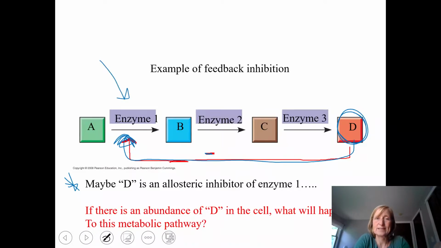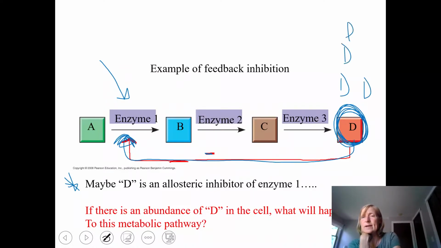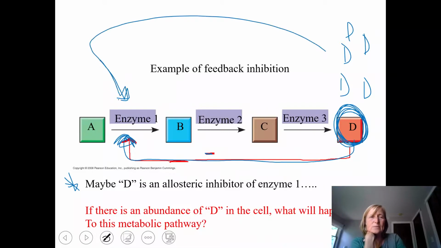Enzyme 1 is going to be inhibited. Okay, so in this particular reaction, let's say there's a lot of D. There's just an abundance of D around. What's going to happen to this metabolic pathway? Well, D is going to feed back on enzyme 1 and inhibit it. And if enzyme 1 doesn't work, what happens to the whole pathway? It shuts down.